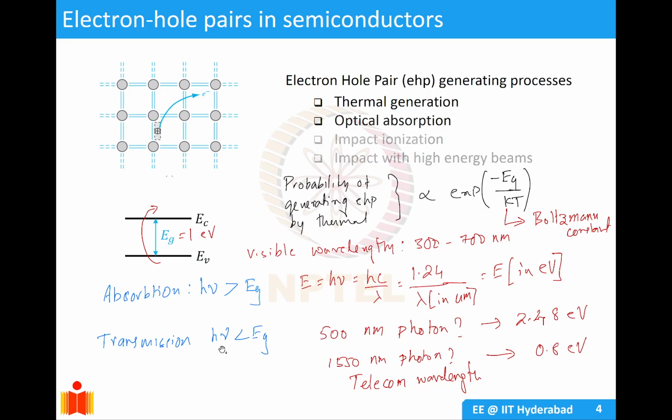If the energy of the photon is less than the band gap, then the photon gets transmitted because there is not enough energy to overcome the band gap. So there is no point in absorbing that energy, and the light is transmitted without absorption.